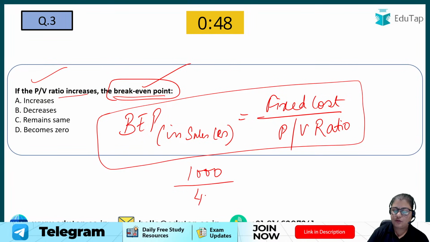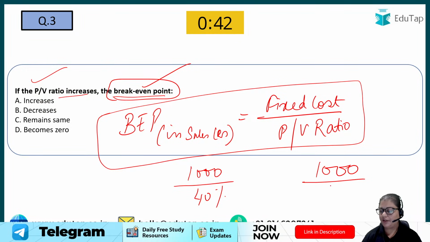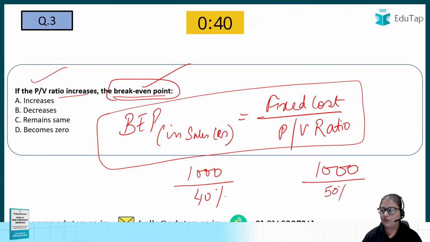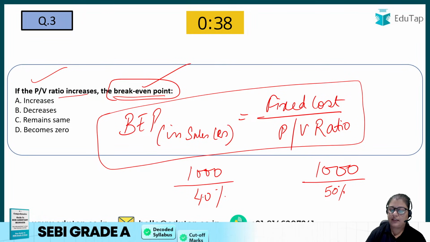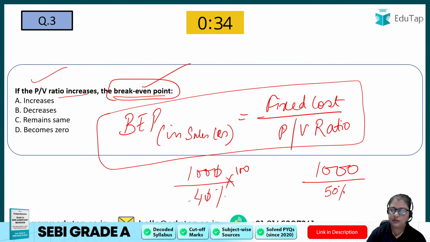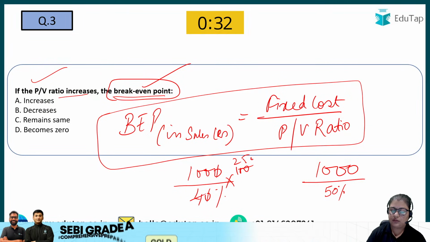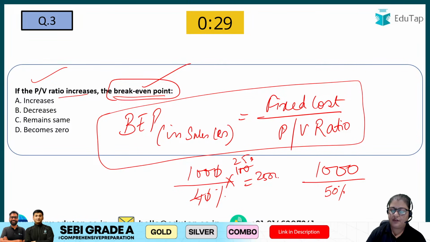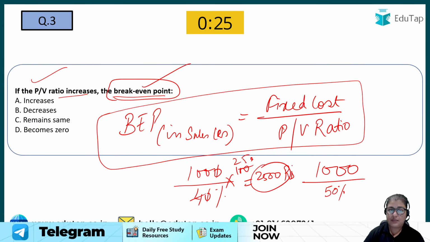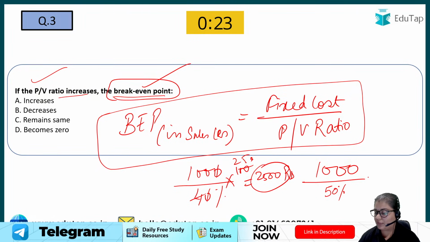Let us take the PV ratio as 40% in case 1, and case 2 where the fixed cost will again be 1,000 rupees only because it doesn't change. Let me increase the PV ratio to 50%. Just calculate this and tell me the answer. So it will be 2,500 in case 1. That means 2,500 rupees is my break-even point in rupees.